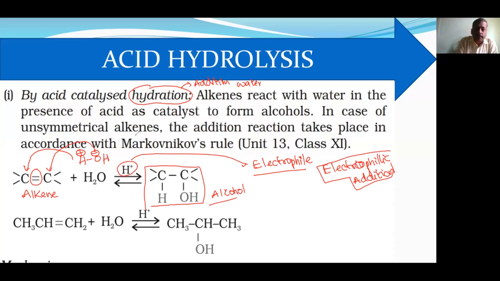Now the next sentence is about Markovnikov's rule. Okay. So what is the Markovnikov rule that I am writing here? The negative part of the adduct. I will give you an example. What is an adduct? You will understand.